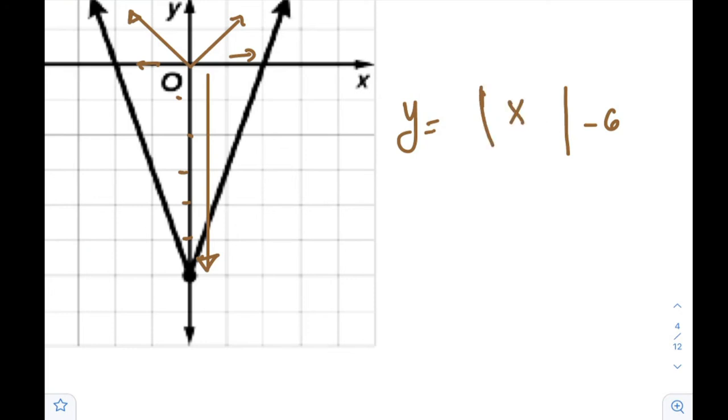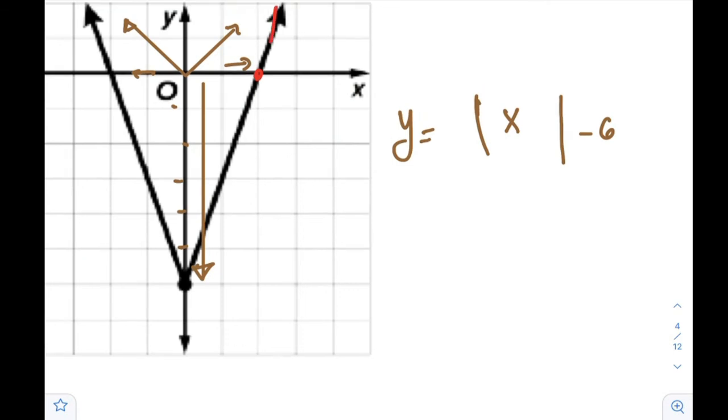Now let's find the slope. If you want to find the slope, just choose 2 points on any portion. I'll use this line, and I will find 2 good points. This is 1 point and this is another point. And this is my rise and this is my run. The rise is 1, 2, 3, 4, 5, 6.